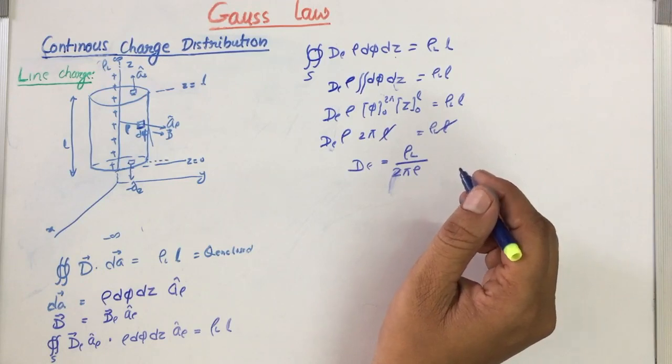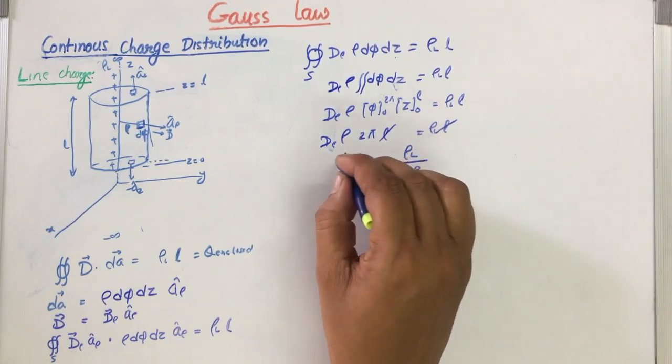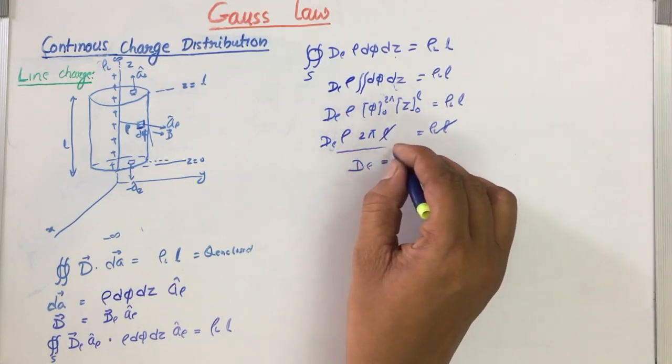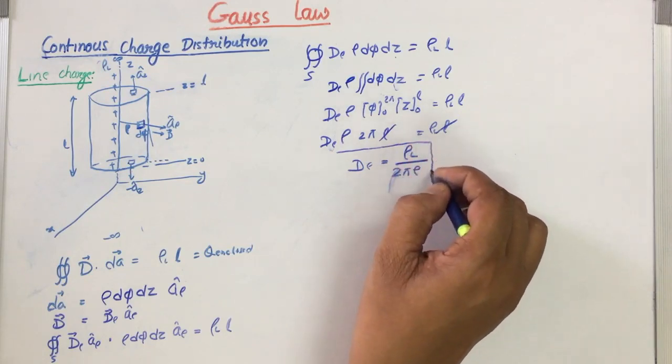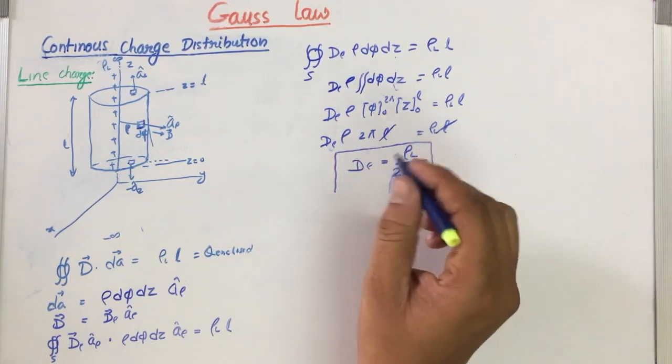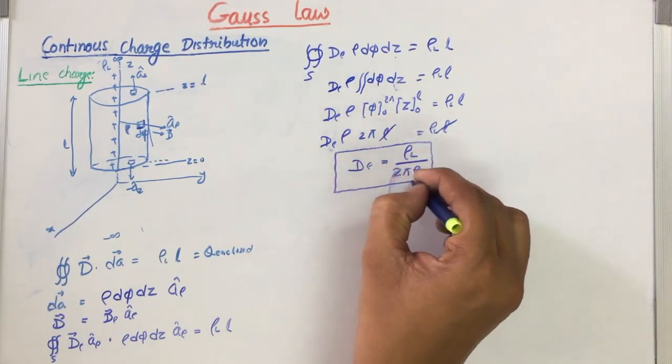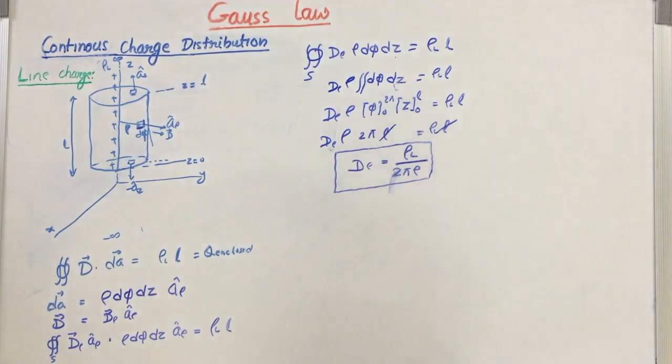What is this? This is the relationship that we derived earlier in the case of a line charge for electric flux density without using Gauss's law.